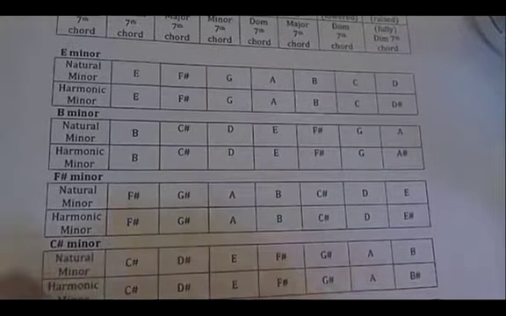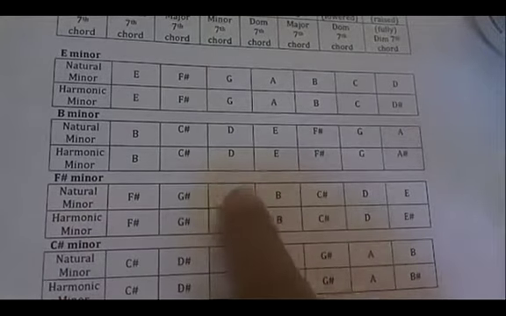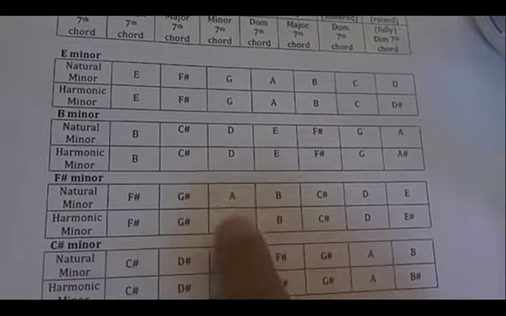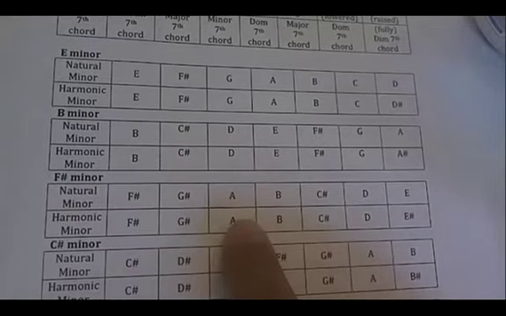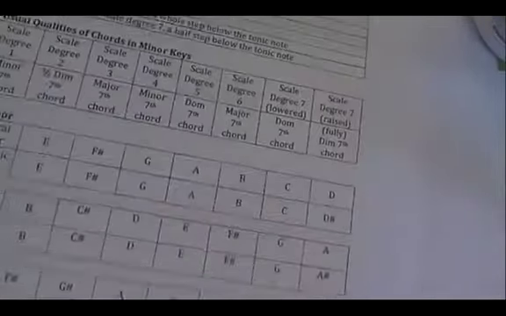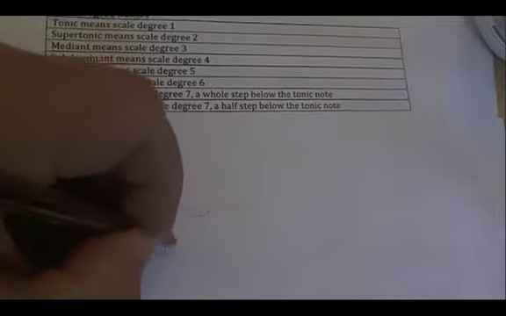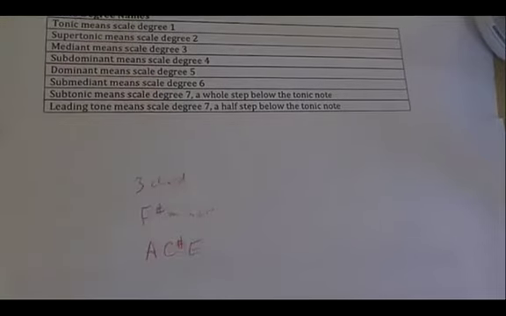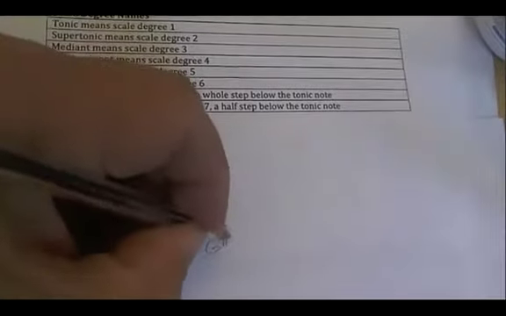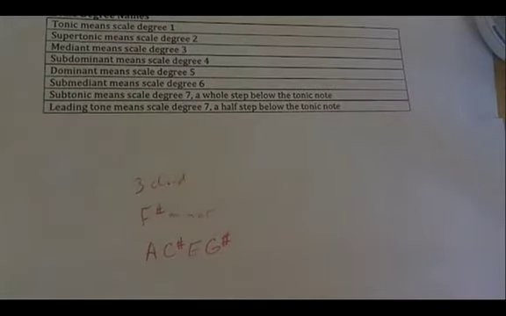So I'm going to go to F sharp minor, and my 3rd scale degree is A. So I need to make a major 7 chord on A. So the answer is A, C sharp, and E is my major triad, and then G sharp is my major 7th, which is a half step down from the root, or 11 half steps up from the root.